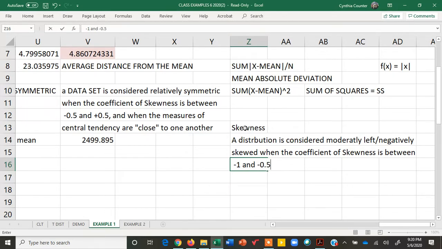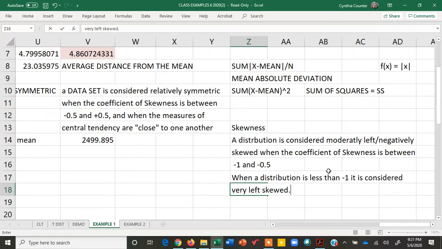This is moderately left skewed. You might deduce that when a distribution is less than -1, it is considered very left skewed. So when a distribution is less than -1, it is considered very left skewed.